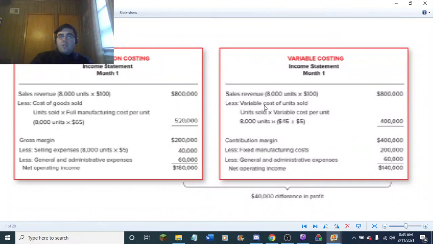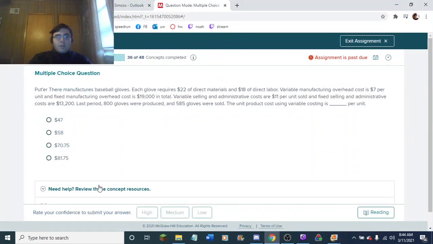Is the unit product cost the variable cost plus the fixed manufacturing cost and the general administrative expenses? Come on, man.